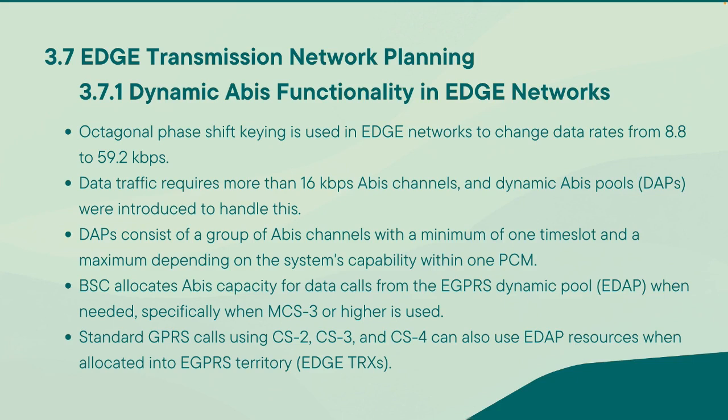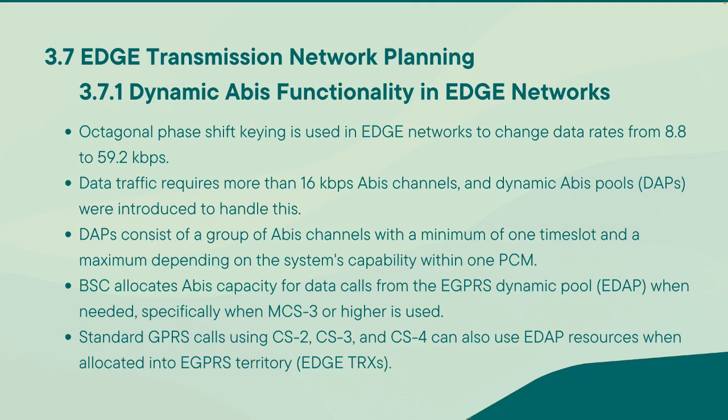The keyword that we use in the H network is used to change the data rate from 8.8 to 59.2 kilobits.